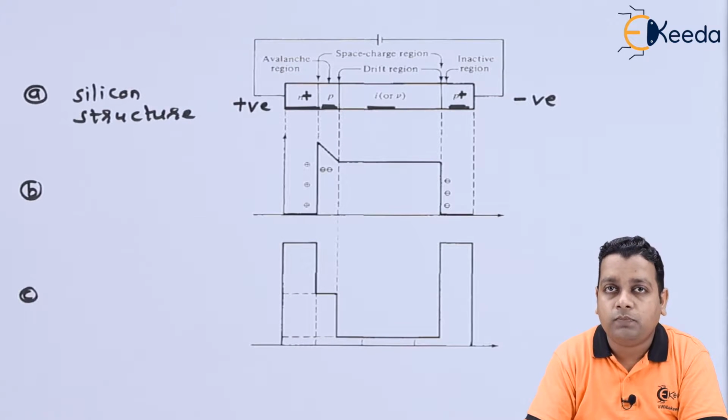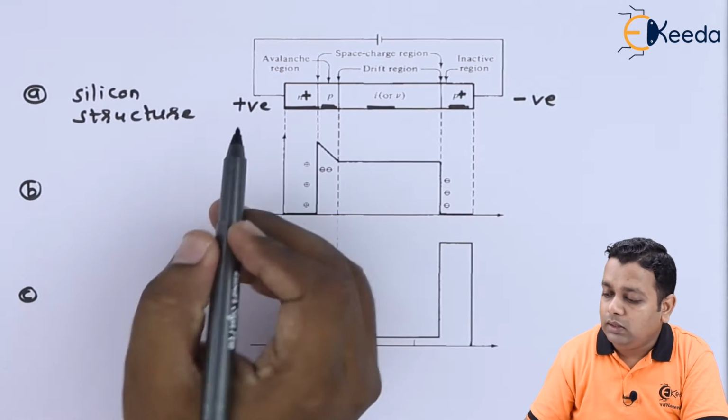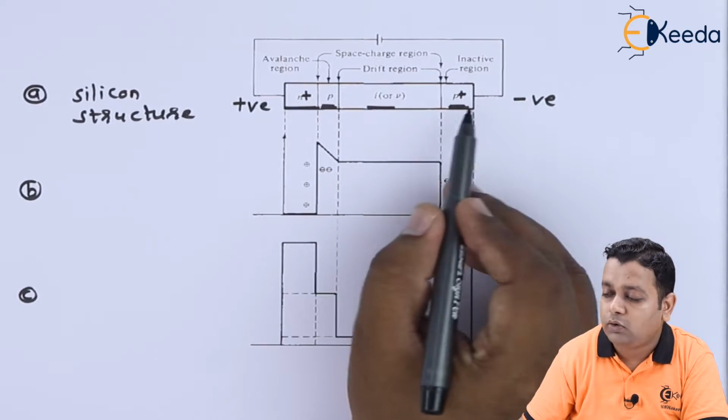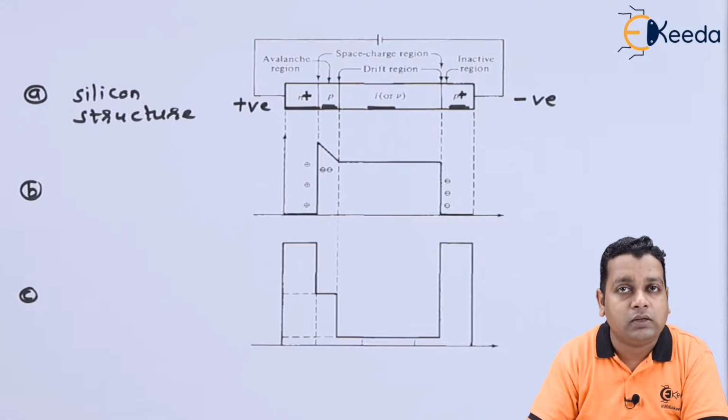Generally, when the P type is connected to the positive terminal and the N type to the negative terminal, we operate the junction in forward bias. When we reverse the polarities, positive to the N type and negative to the P type, it is reverse bias.